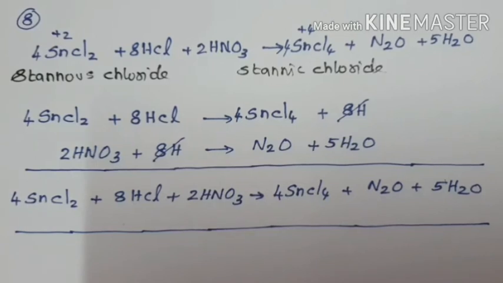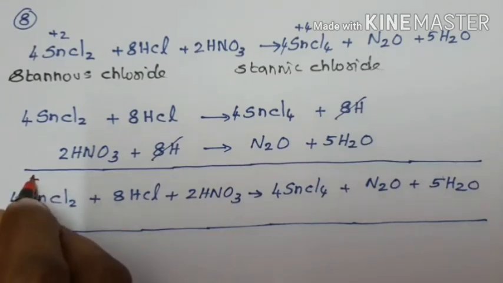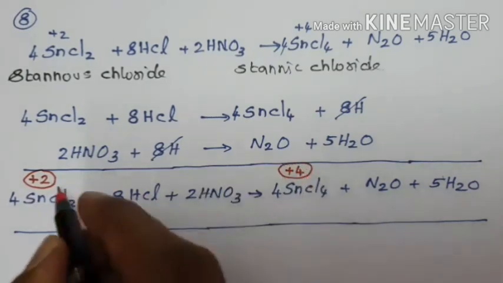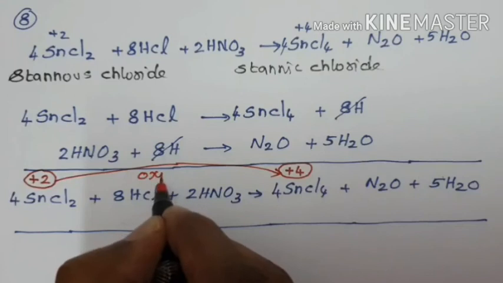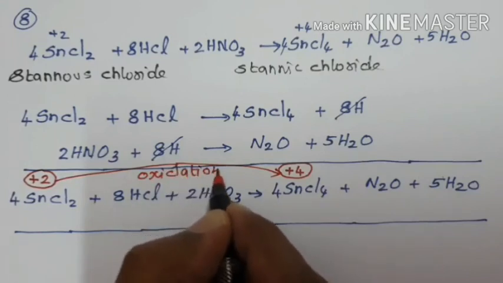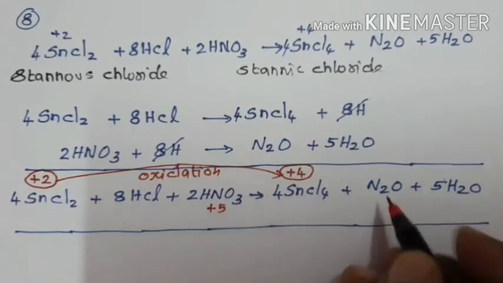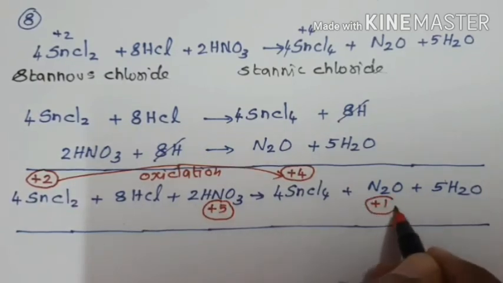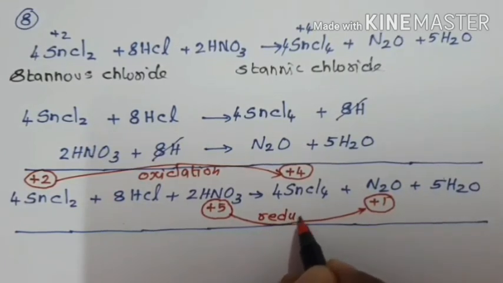In SnCl2, Sn oxidation state is plus 2 and in SnCl4, Sn oxidation state is plus 4. So when you move from left to right, the oxidation number increases, therefore it is called oxidation. And in nitric acid, nitrogen is in plus 5 oxidation state, in nitrous oxide plus 1. The oxidation number decreases when you move from left to right, so it is called reduction.